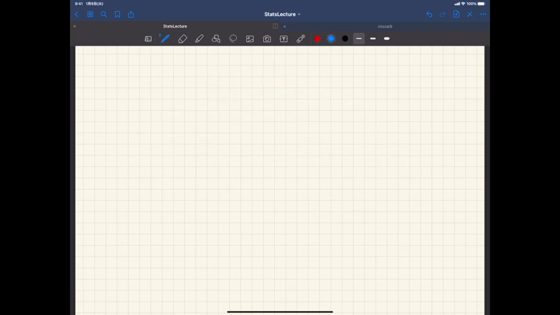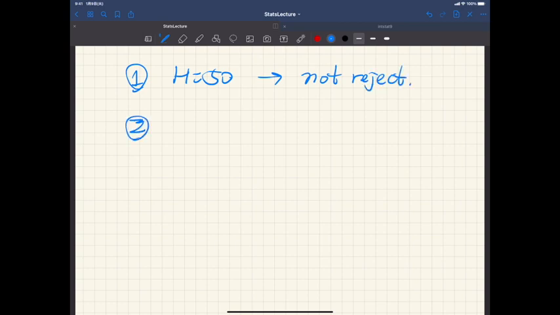So if we go back to the previous example, if we have 50 heads, then we do not reject the hypothesis. And if we have 48 heads, we do not reject the hypothesis.